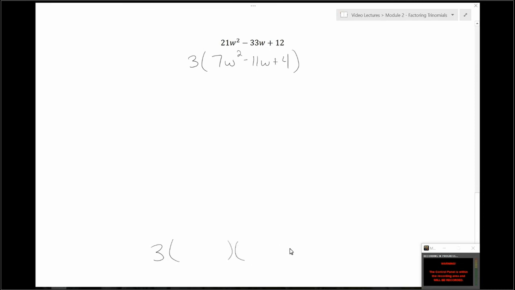So for now, we're going to ignore that 3 that's on the outside. We know that'll come in at the very end, and we're just going to deal with the 7w squared minus 11w plus 4. So we'll find two numbers that can multiply to be 7 times 4, and that add to be negative 11. So again, multiply to be positive, add to be negative. They're both negative.